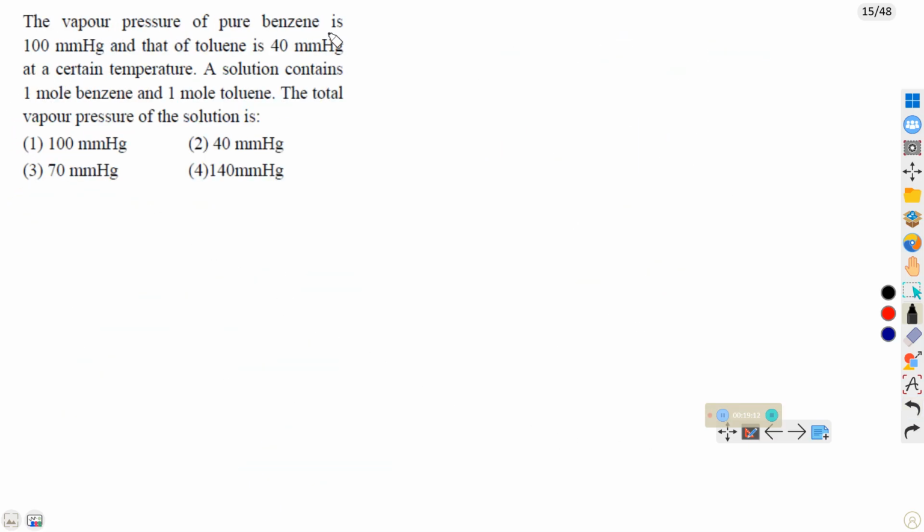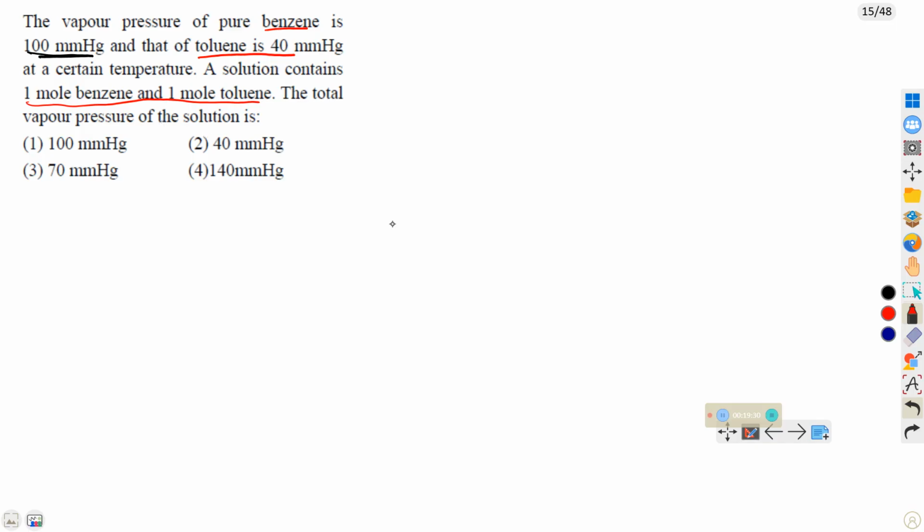The vapor pressure of pure benzene is 100 mmHg and that of toluene is 40 mmHg at a certain temperature. A solution contains 1 mole of benzene and 1 mole of toluene.